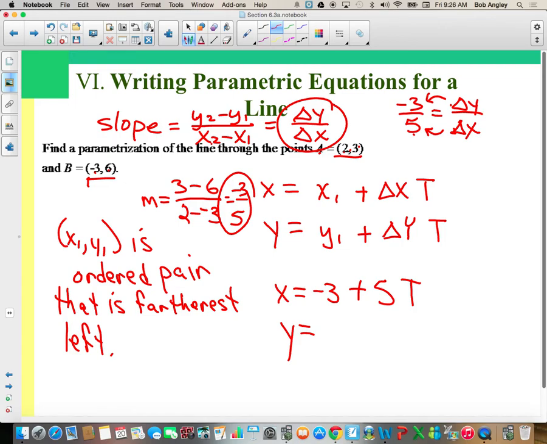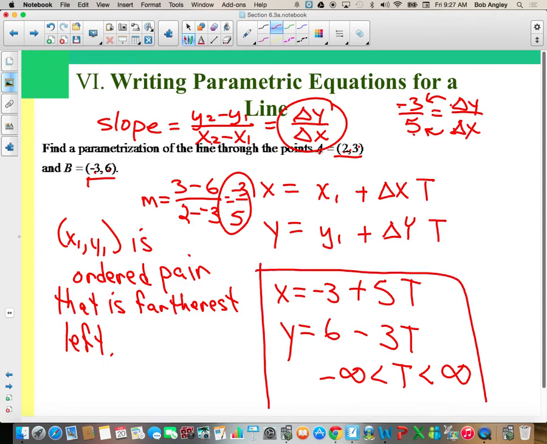That was my other ordered pair, right? 6, and then since this is negative, I'm going to go -3t. Now, if we want to graph a line, then our parametric interval has to go -infinity is less than t is less than infinity. So this is the equation for the line that goes through those two ordered pairs.